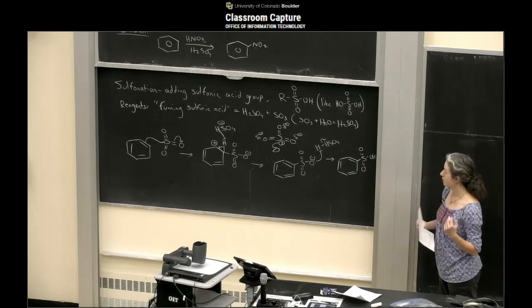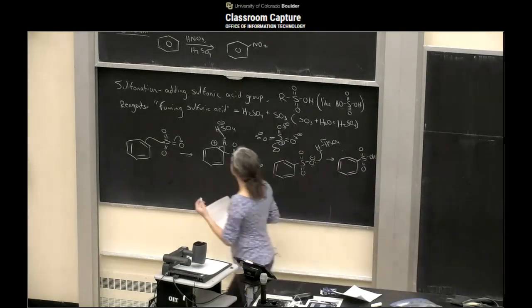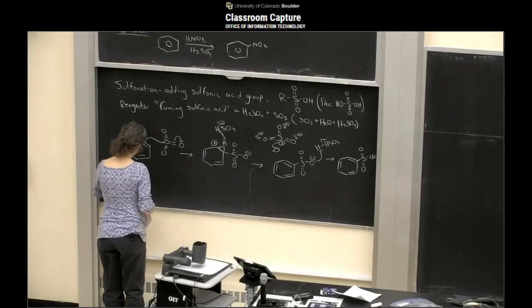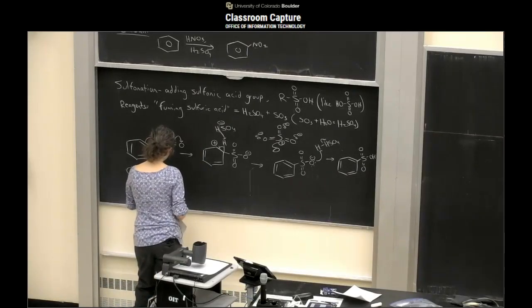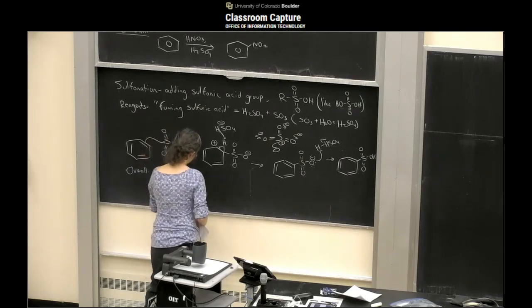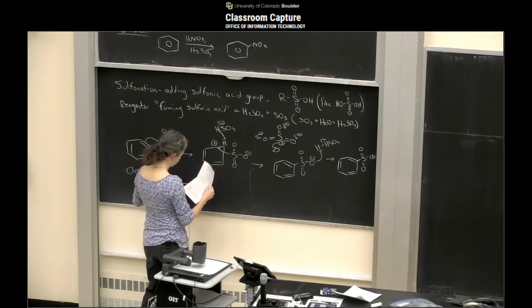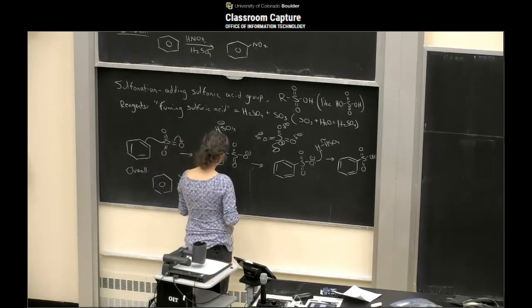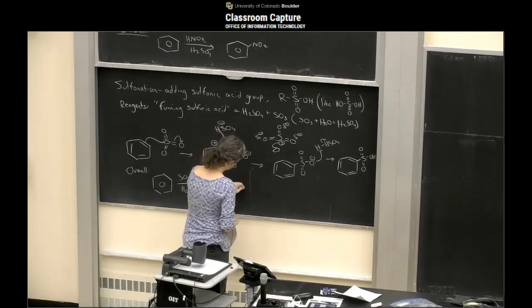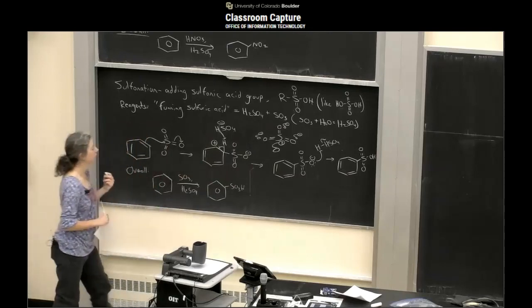Okay, so overall for this one, we're just going to start with whatever aromatic ring, and then SO3, H2SO4, and we'll get the sulfonic acid group on there.